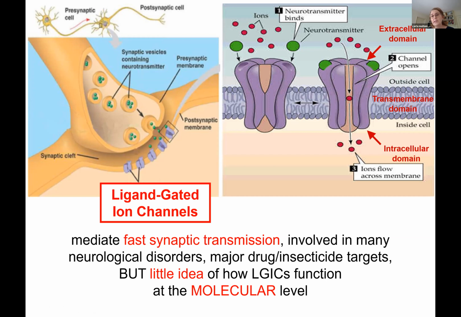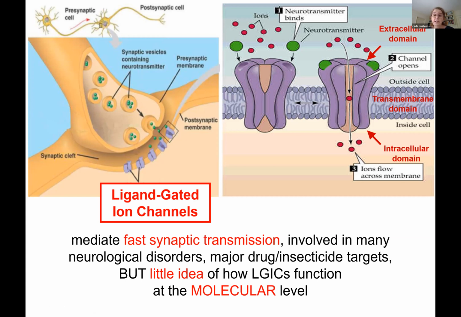Now, obviously, these receptors are involved in the communication between the neurons. So they are involved in many neurological disorders, from Alzheimer's to schizophrenia. They are the target of anesthetics, for example, drugs like benzodiazepine, but also of insecticides and so on.